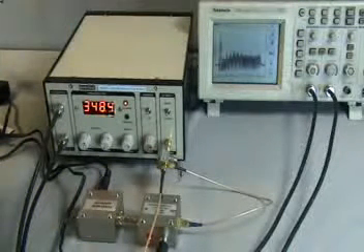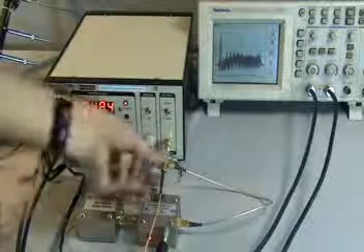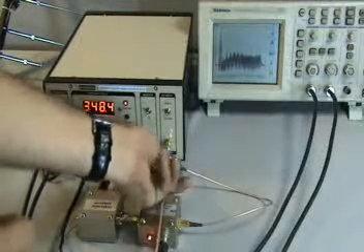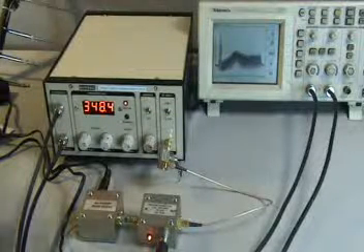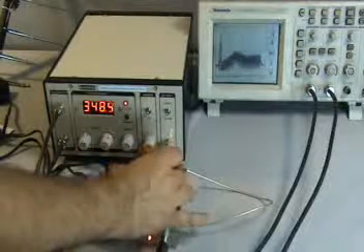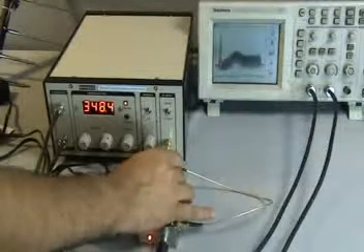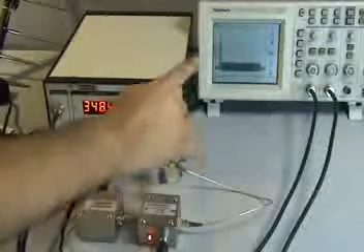We will try to observe the same when we terminate the input port to a reference 50 ohms termination provided. We observe that the signal goes down immediately.